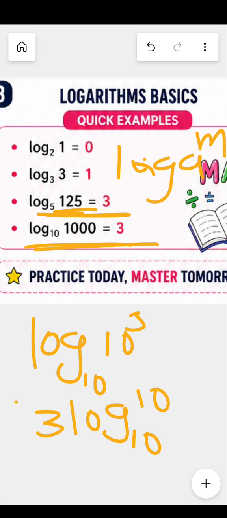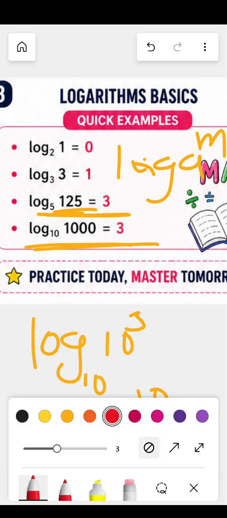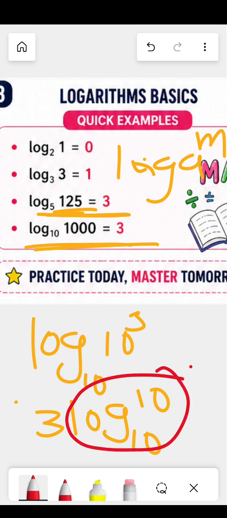As we know already, log 10 base 10 value is 1. So 3 into 1 is 3. So log 1000 base 10 is equal to 3.